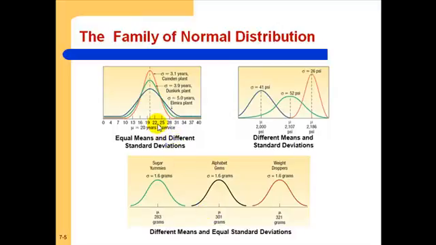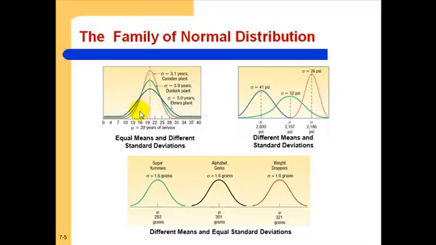For example, for this red normal distribution, we want to know the probability of the variable falling into the range between 13 and 19.5. We want to find that probability. And the formula for it is very, very complicated. Luckily, we don't need that formula to do that calculation.